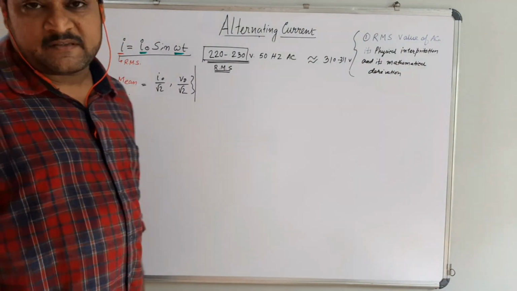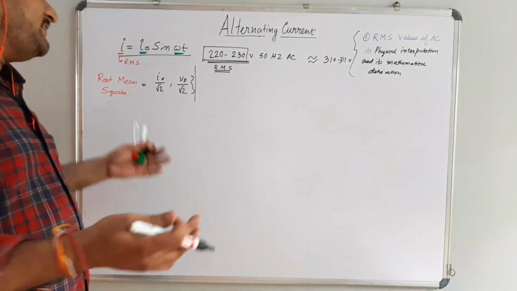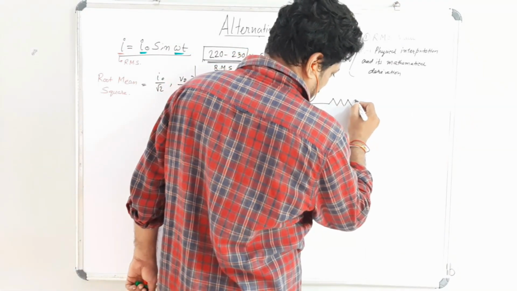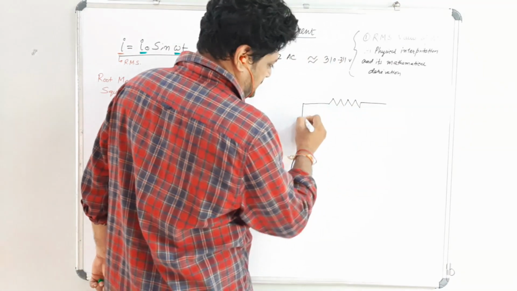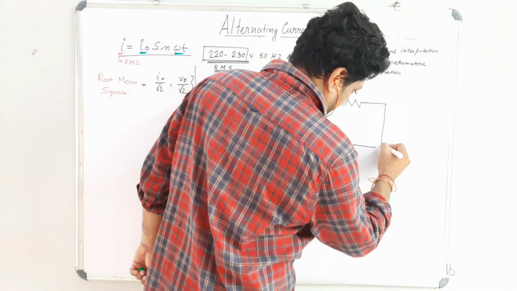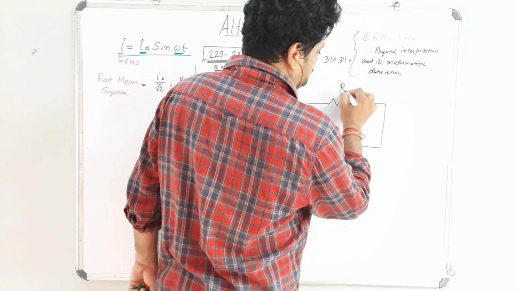Physically, what is that RMS value? Why is the heating effect caused by this RMS value? To know it, we should draw a circuit which has a resistance, because resistance only creates a heating effect. That is called Joule's law of heating.